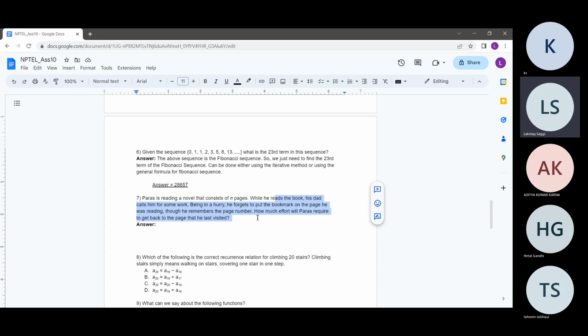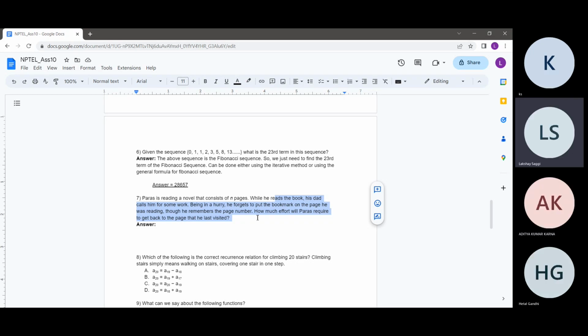So, how much effort will Paras require to get back to the page that he last visited? Suppose the book was something like 10,000 pages, and Paras remembers that he was on page, let's say, 2057. So in how many steps, how much effort, or let's just say steps, will Paras require to get back to the page he last visited?